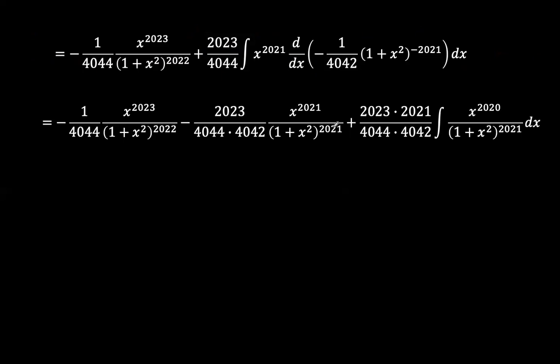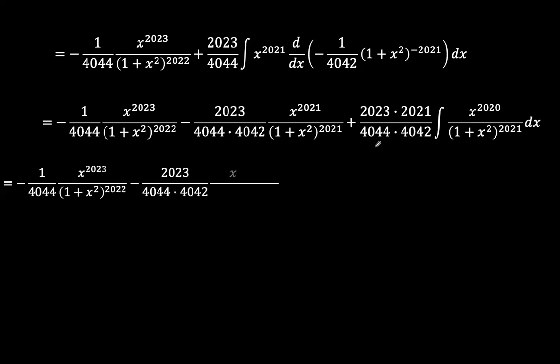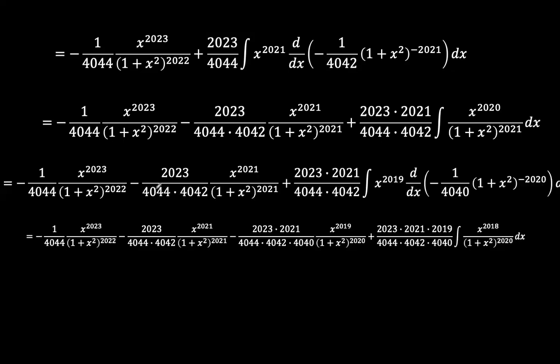And we keep going, and we'll end up noticing one thing. The numerator is reducing in steps of 2, x to the power 2023, 2021, 2019, and the denominator is reducing in steps of 1: 2022, 2021, 2020, and so on.